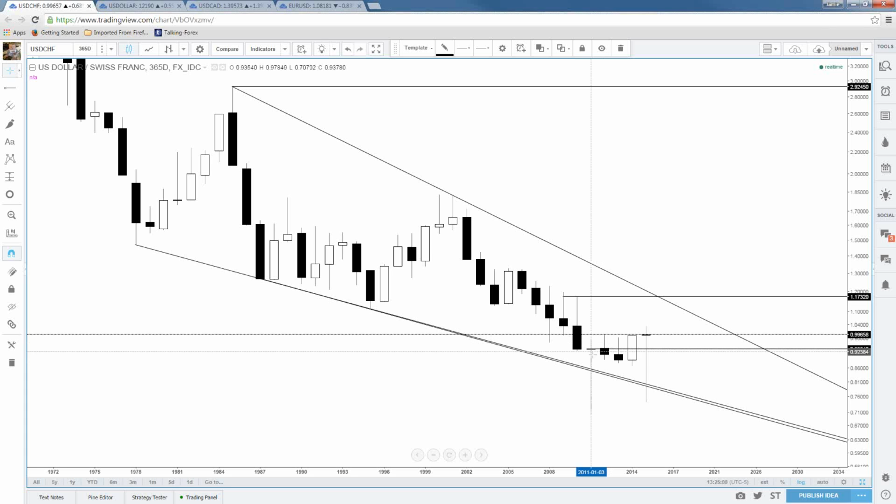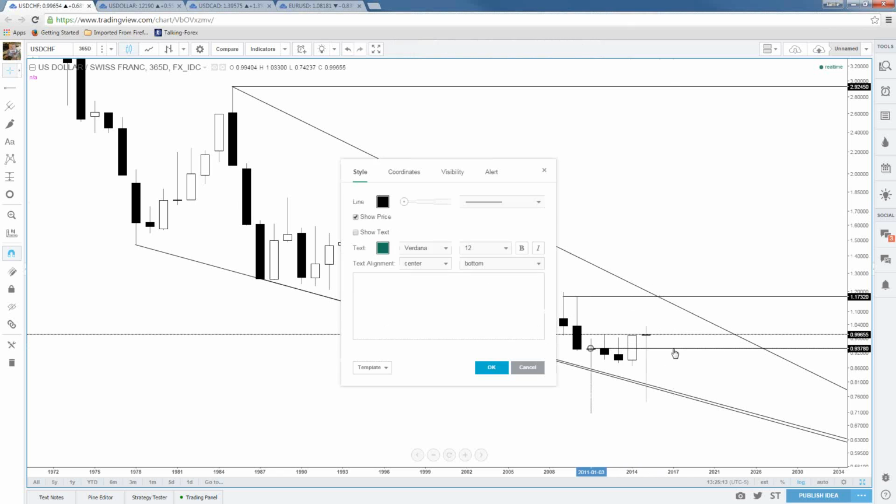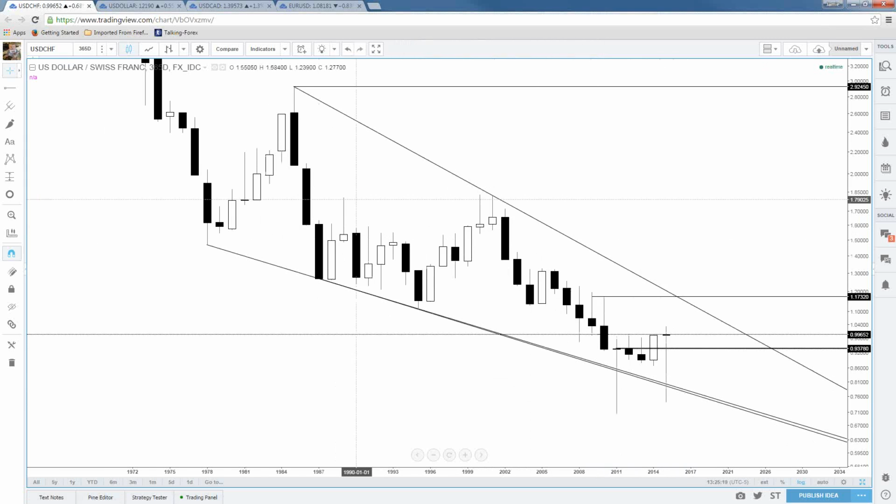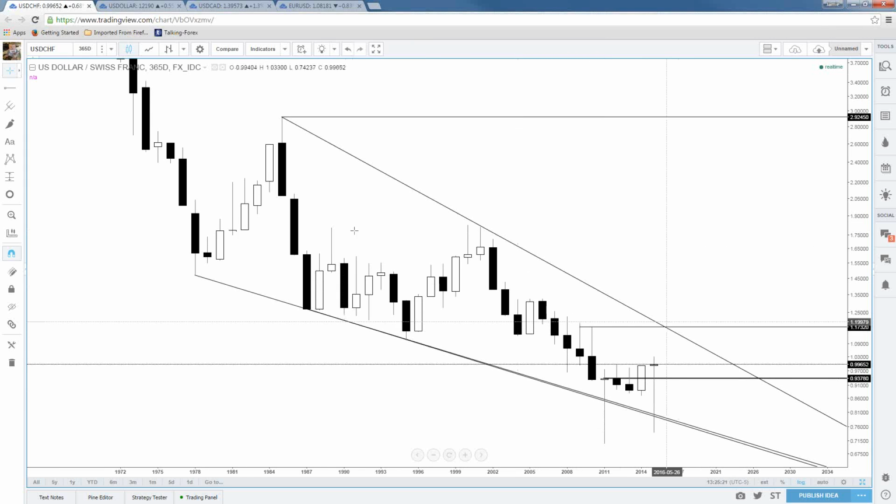So that could be a level to watch as we go into 2016. In any case, I have no problem looking at this chart in that vein and saying that, sure, SNB intervention, I get that, but it's not a bad thing. Don't you want the central bank on your side as you get into the trade or have a long-term idea like this?